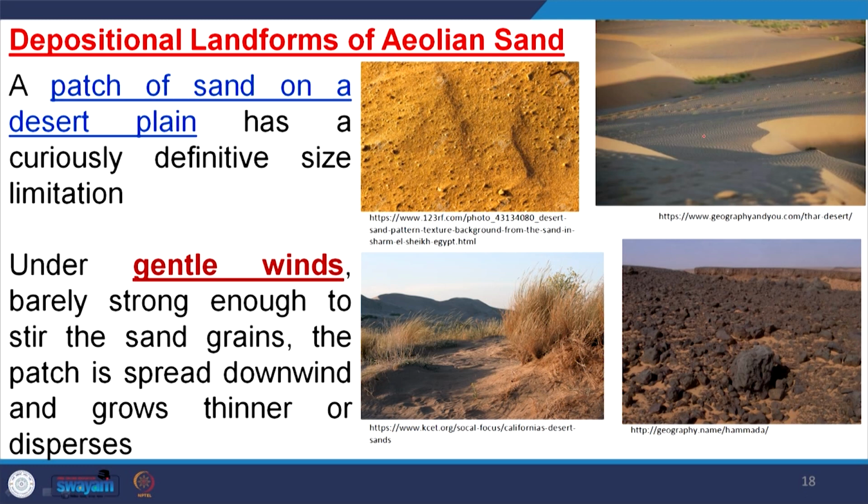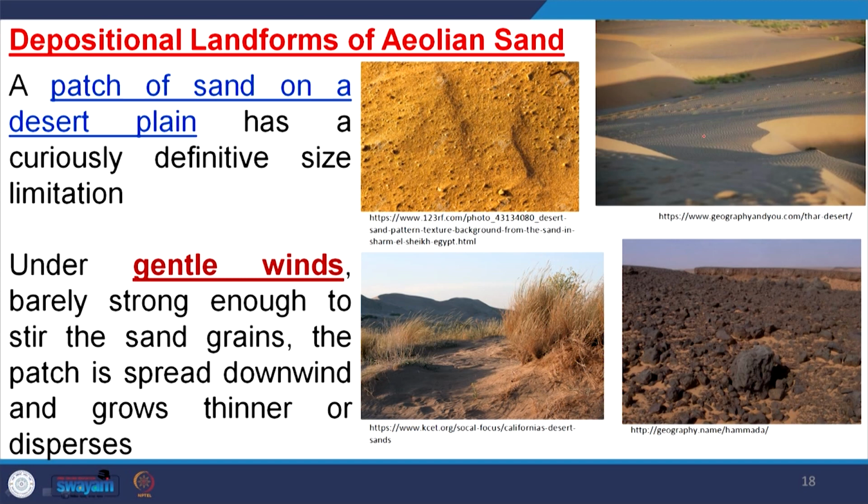Depending upon the wind speed, the vegetation, and the availability of material, those materials change their position and their shape depending upon the wind velocity and direction. Different shapes arise; sometimes it forms dunes, ripples like that.